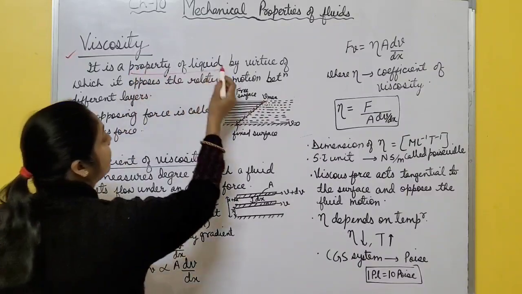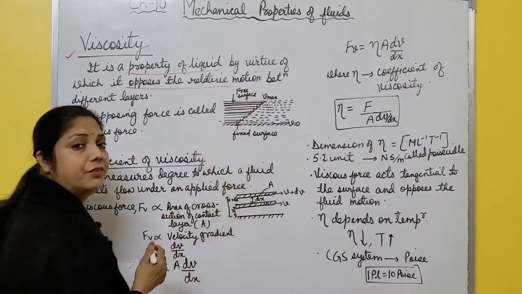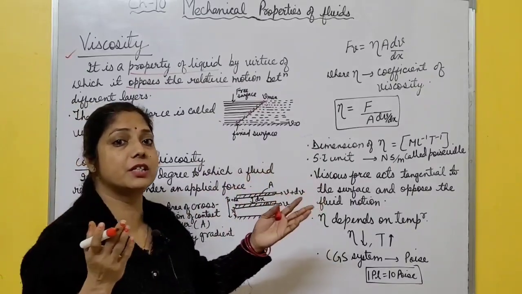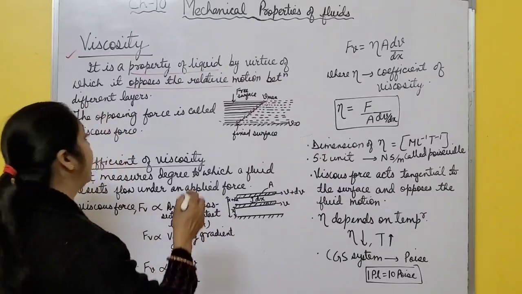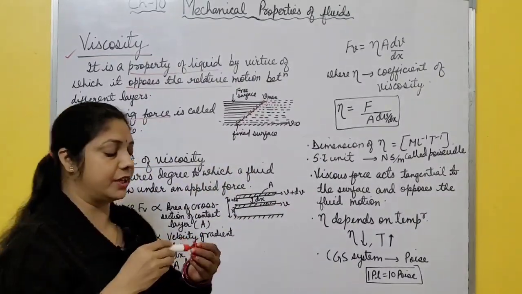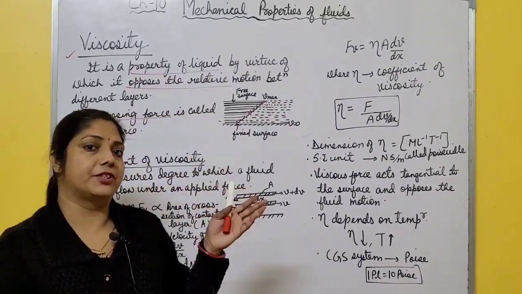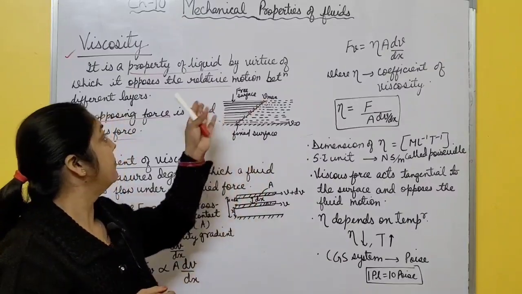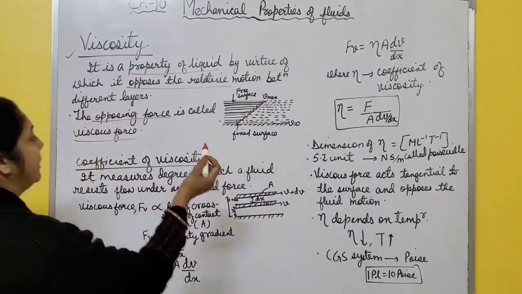Viscosity is a property of liquid by virtue of which it opposes the relative motion between different layers. Because different layers have different velocities, both layers try to oppose the relative motion, and that opposing force is called viscous force, like friction in motion. Whatever role is played by friction in the motion chapter, the same role is played here by viscosity in fluid motion, right? Hope it's clear to all of you.